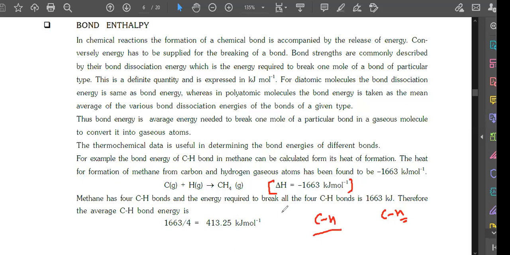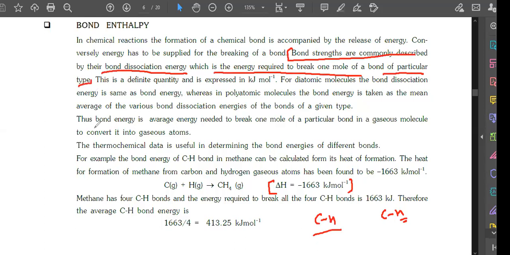So I can say that bond strength or bond energy is your energy required to break 1 mole of bond of one particular type. Okay, got it?